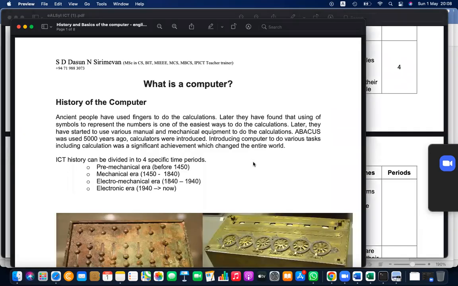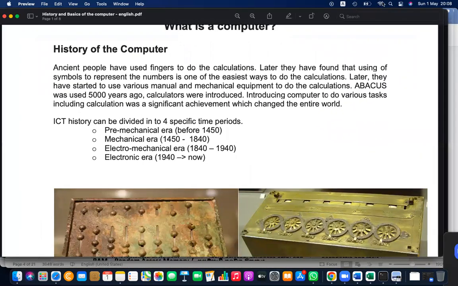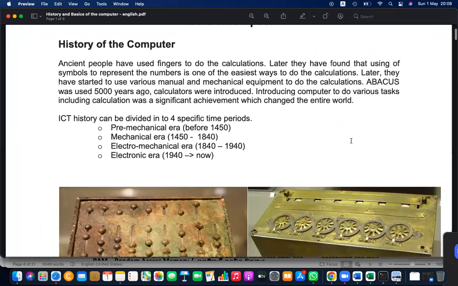Here it explains the history of the computers. The computer that we are discussing today actually has a long history, which goes far back.